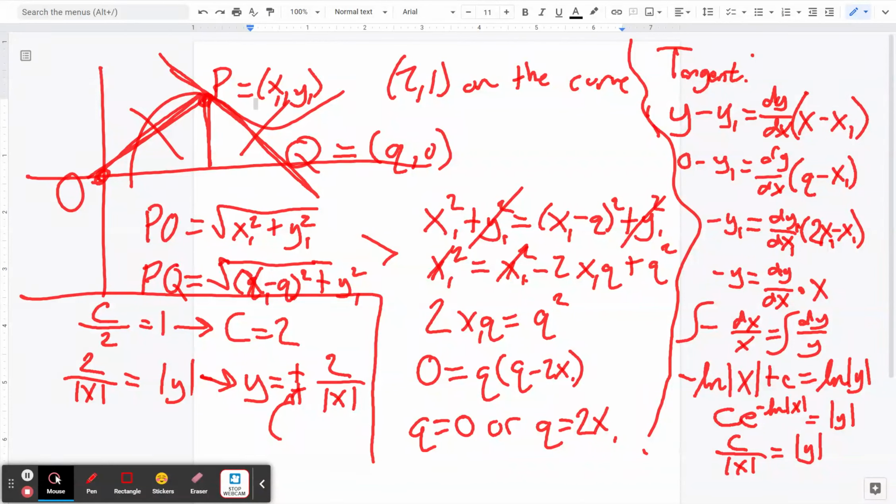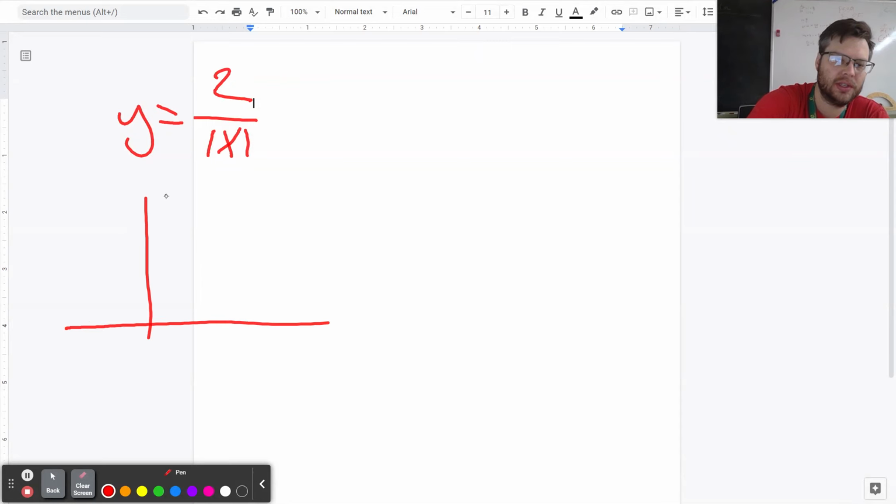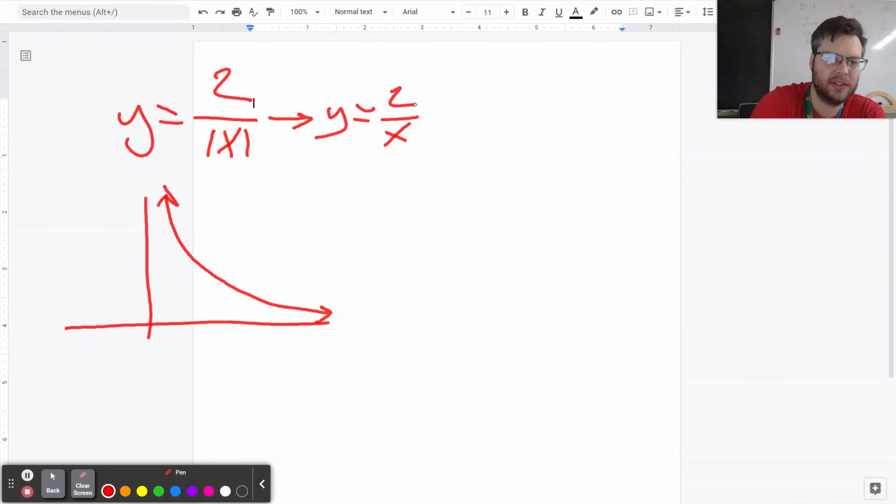So after all that work, we ended up with the function y equals 2 over absolute value of x, which in the first quadrant looks just like this. In fact, in the first quadrant, it's equivalent to just y equals 2 over x.